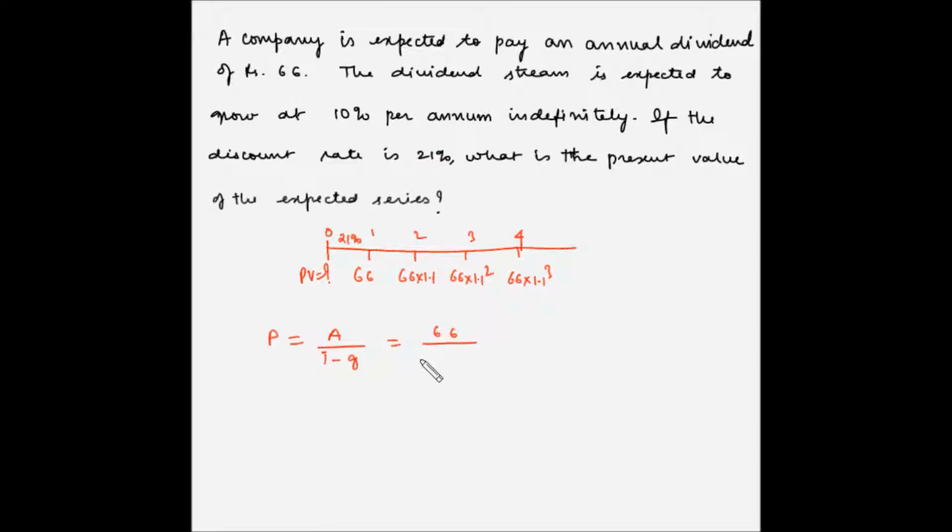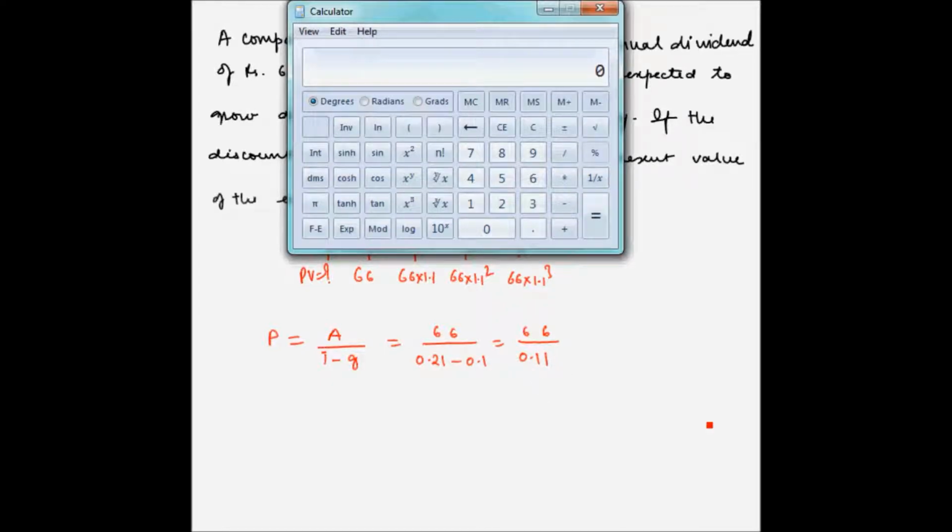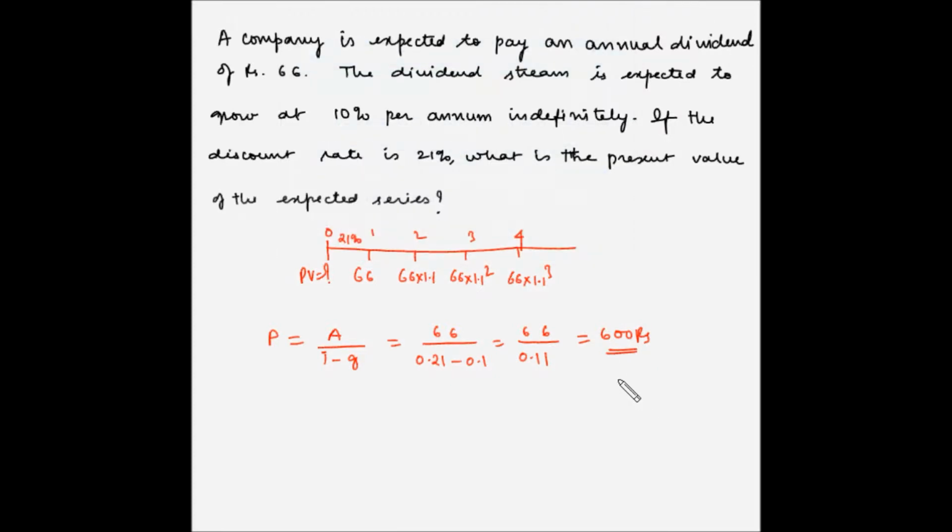So we'll do 21 divided by 100, which is 0.21, minus g, which is the growth rate, which is 10%. So 10 divided by 100, which is 0.1. So this becomes 66 divided by 0.11. So this is equal to 600 rupees. So this is the present value of this growing perpetuity.